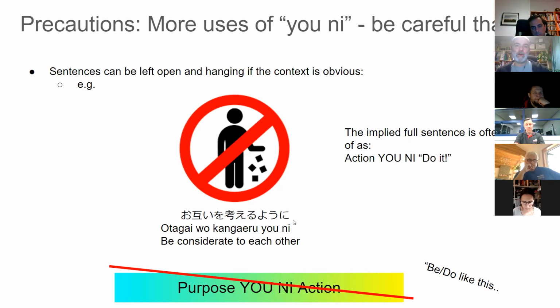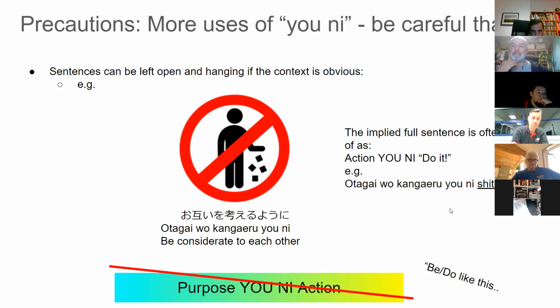So after this yoni, you could put just shite kudasai. Please do whatever you're doing, like caring for others, like being considerate for others. So action or purpose here, yoni, do it. For example, otagai o kangaeru yoni shite kudasai.